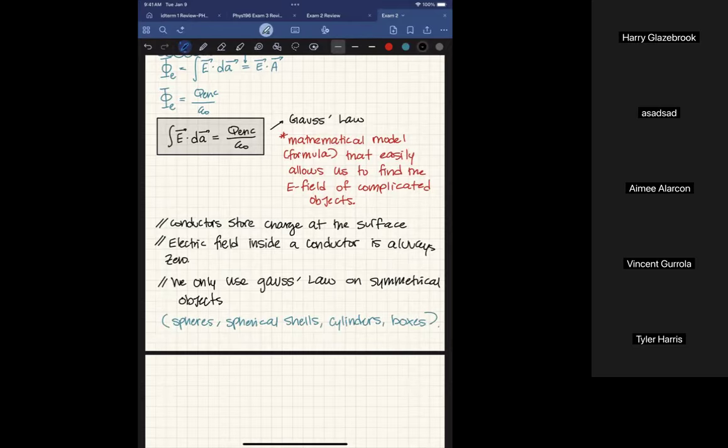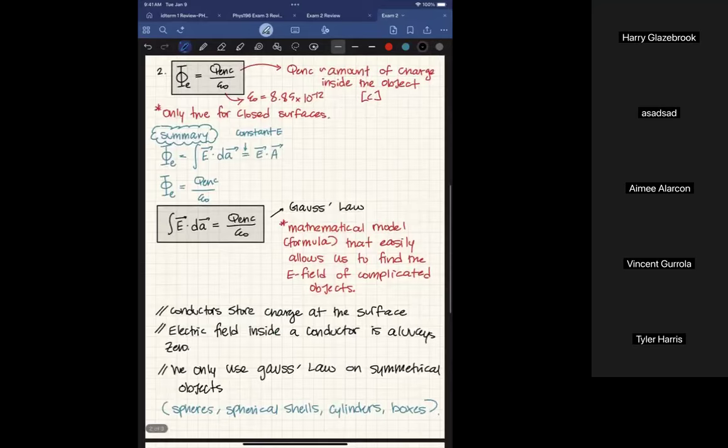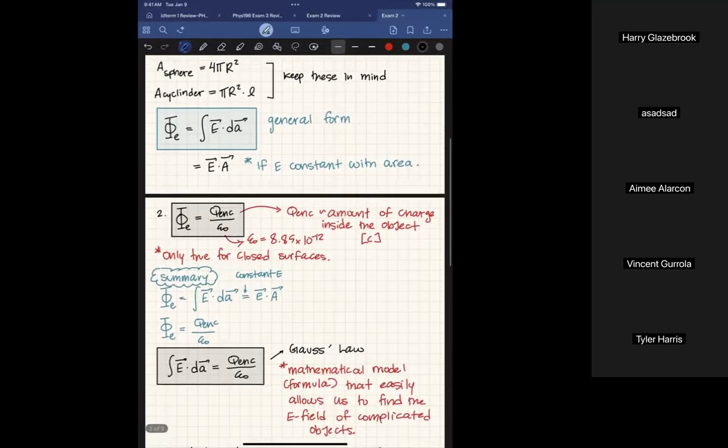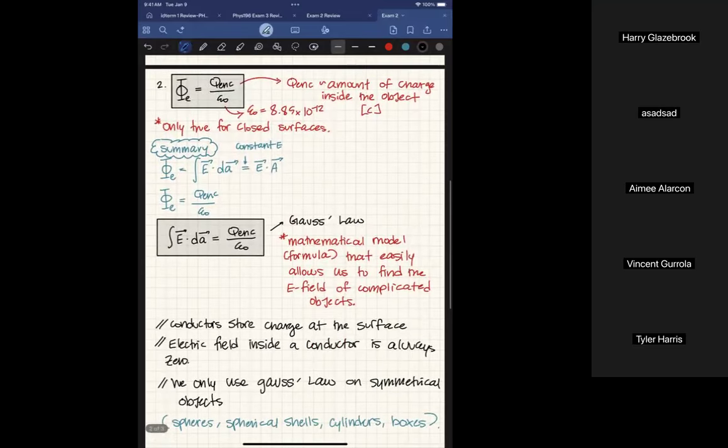Cool. All right. So funnily enough, that is literally everything for chapter 24. Does anyone have any questions before I go to chapter 25? Cool. Again, most of chapter 24 is practically how do I apply this to problems.